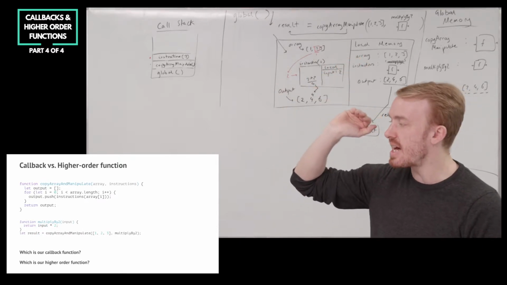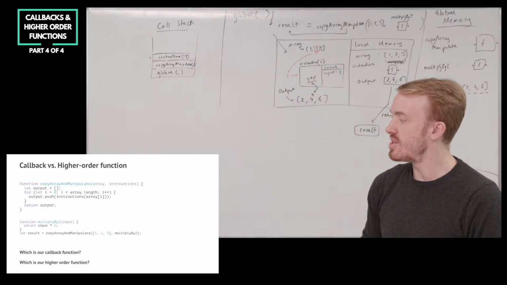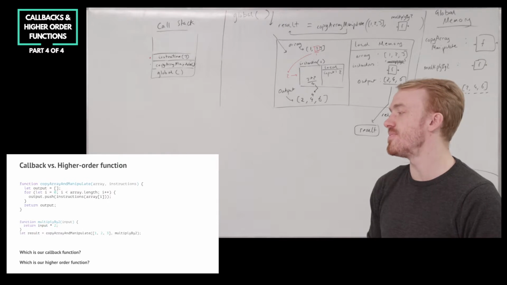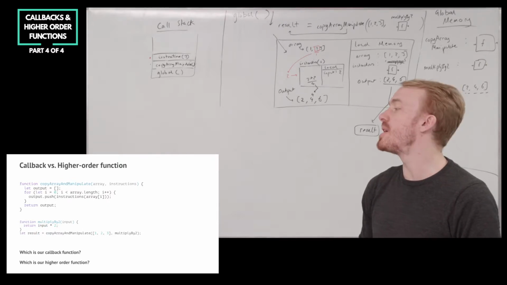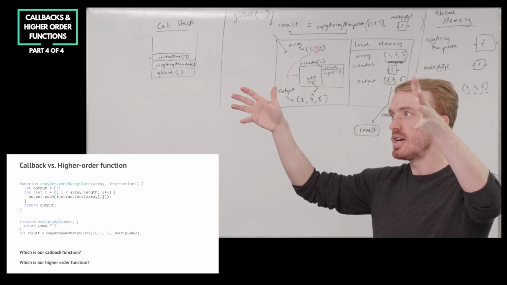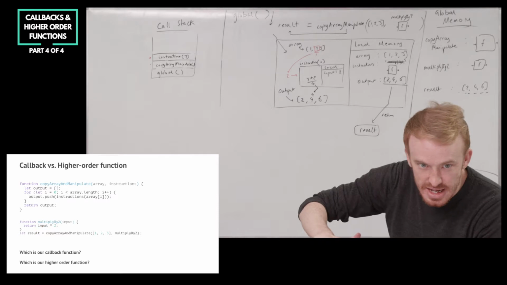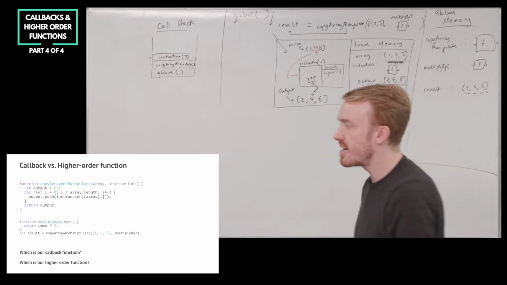Skylar, which would you say is our higher order function? Multiply by 2, because you're passing it in. Philip? CopyArrayManipulate. CopyArrayManipulate is our higher order function. And then the little baby function that gets passed in, that's our callback function.